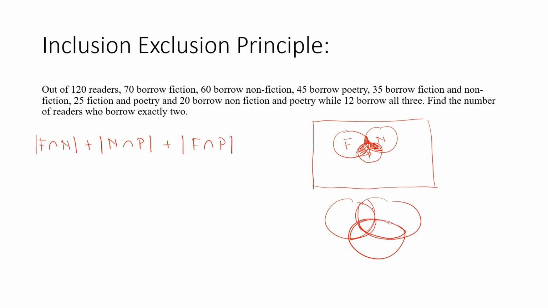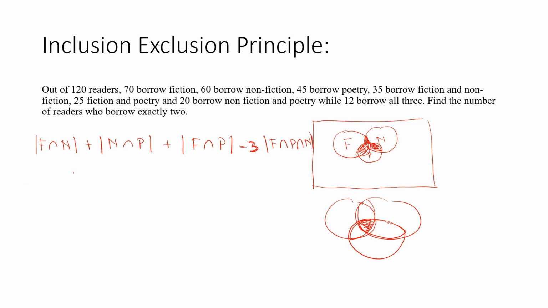Now see, if we add these three intersecting parts, then this middle portion is also included there. And how many times have we added this portion? We have added it three times. So we have to subtract this portion thrice: 3 into F intersection P intersection N.